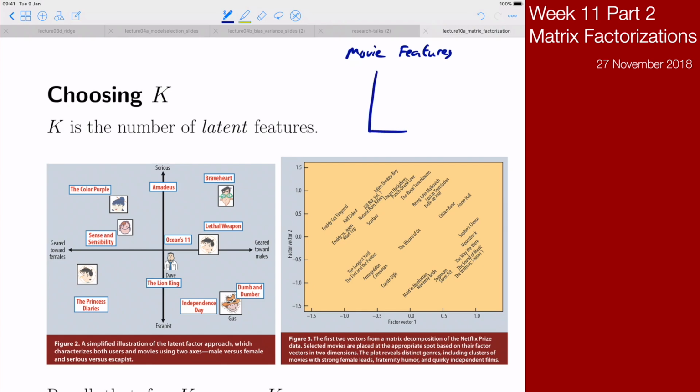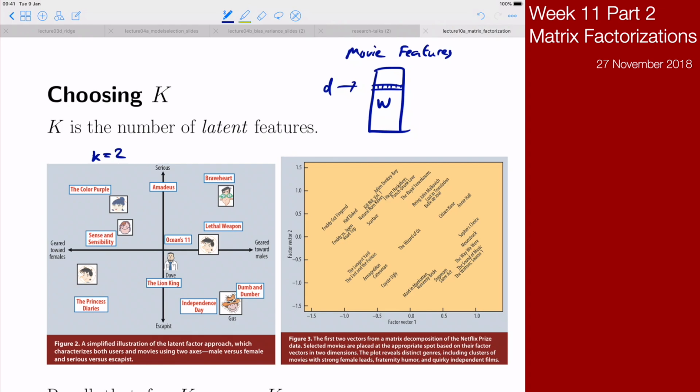Now I will look at my W matrix, and I will look at movie number D. So I get my 10 features. Here they are. So let's look at them. It's a bit easier if you would have only 2 features, then we could visualize this in a plane. If for every movie k equals 2, that will make life much easier.